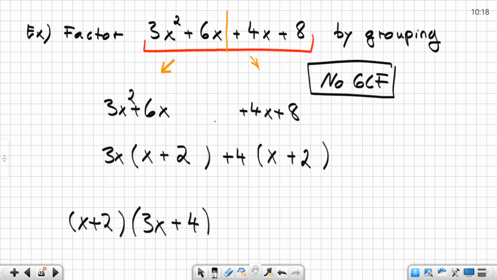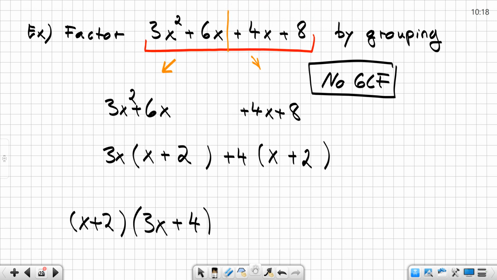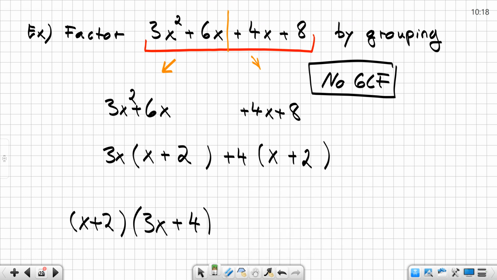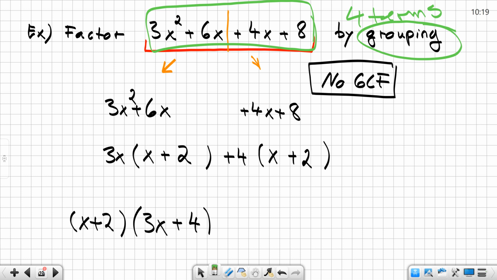So the thing here is this. If I start with something like this, and I have 4 terms, then I will be using factoring by grouping, by pretending that this is one problem and this is a second problem.